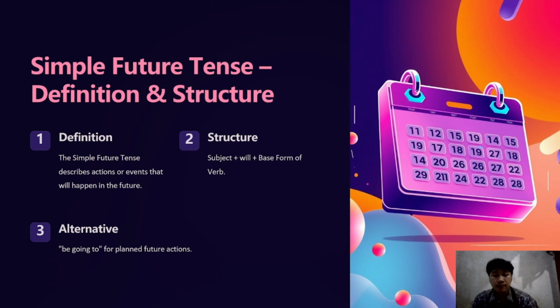Moving on, we have the simple future tense. This tense allows us to talk about actions or events that will happen in the future.